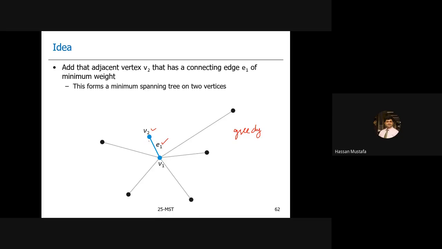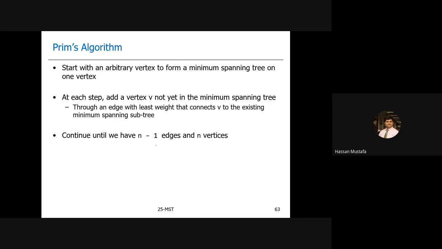Let's see the pseudocode, and then we'll go through an example as well. The condition on which the algorithm would stop is that it would pick n minus one edges to connect the n vertices of the graph.